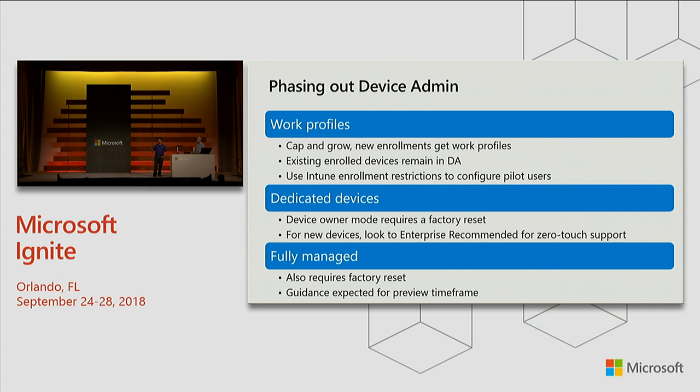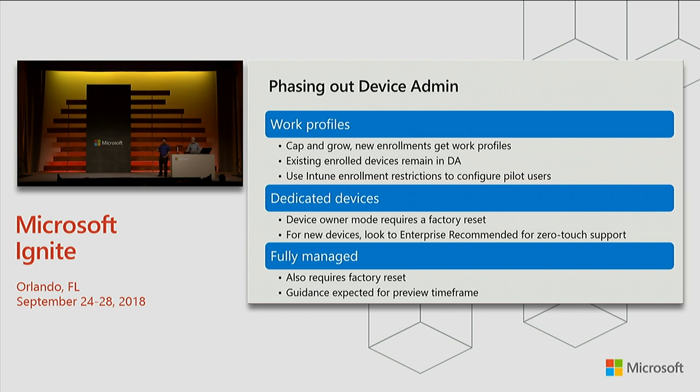So you might as well get a head start today and manage that change rather than waiting for the last minute as the new devices start appearing in your environment. Manage that communications change with your end users, plan for it ahead of time, and start enrolling. Because work profiles works across a wide range of devices, you can just mandate that as an IT service policy to your end users.